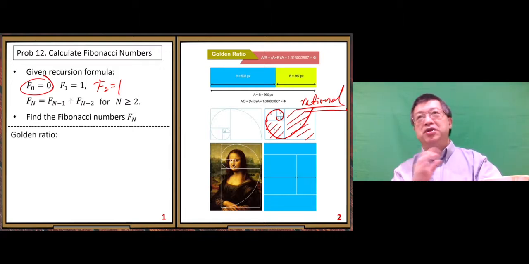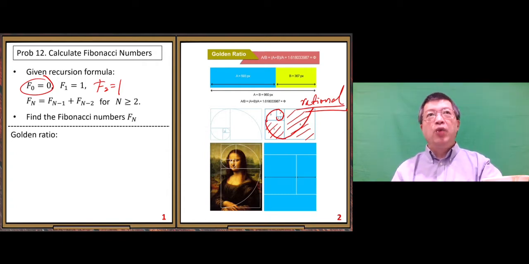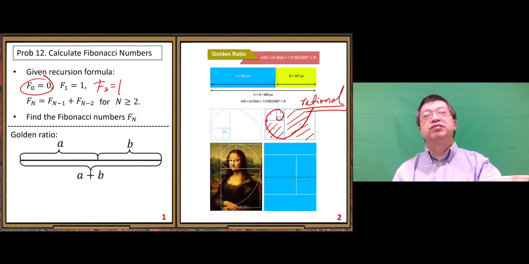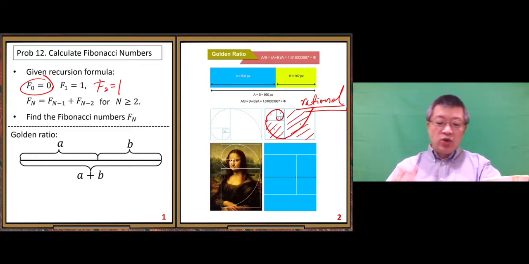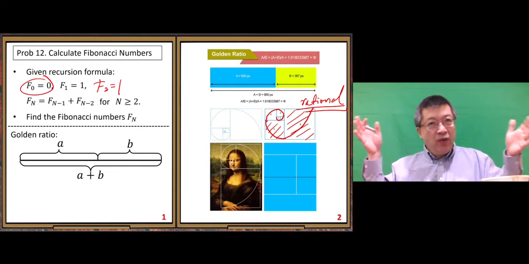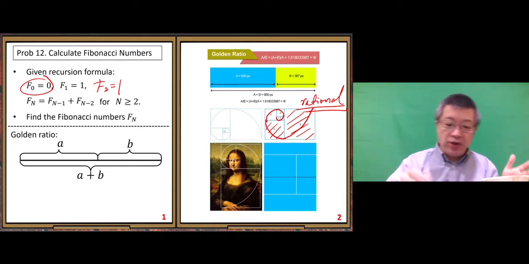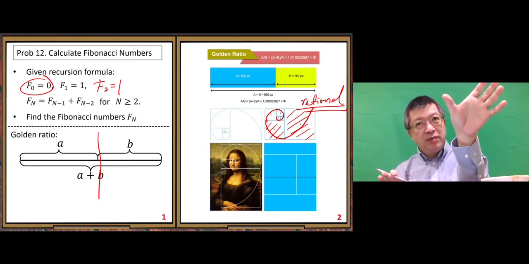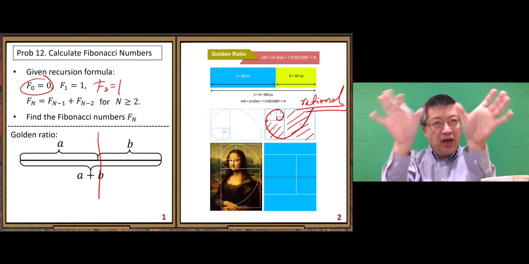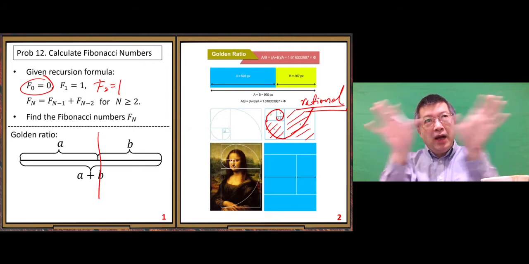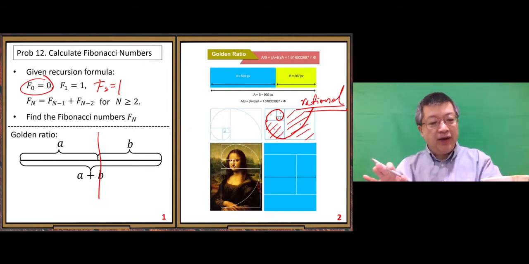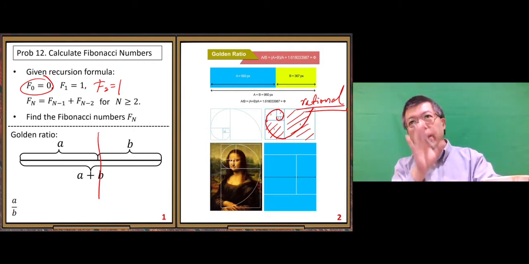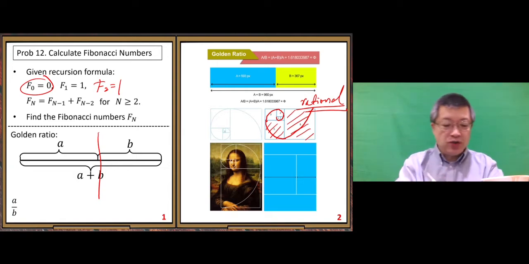So let's look at the golden ratio. For the original definition of the golden ratio, we use a line segment to define this number. At the beginning, we have one line segment. We divide it into two parts, larger segment and smaller segment, A and B. When we do the ratio A over B, we know it is greater than 1, right?